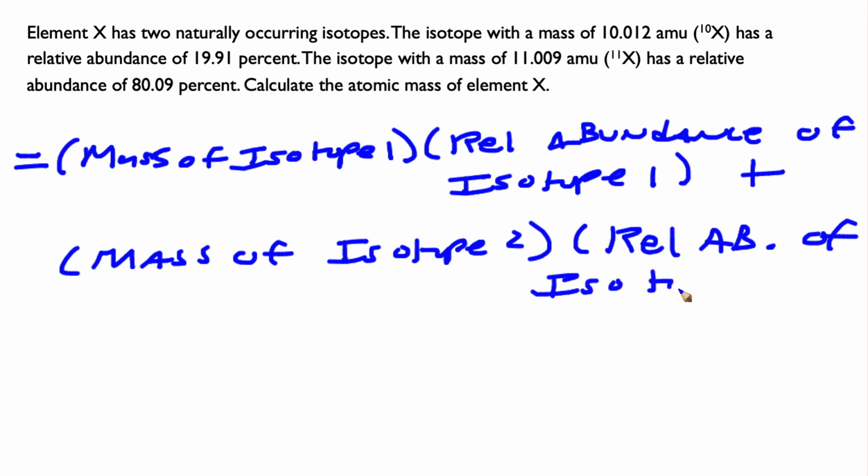Now, this can keep going for however many isotopes you have. You could have 20 isotopes, times the mass of isotope 20 times the relative abundance of isotope 20, but usually 3 or 4 is probably the most you see.